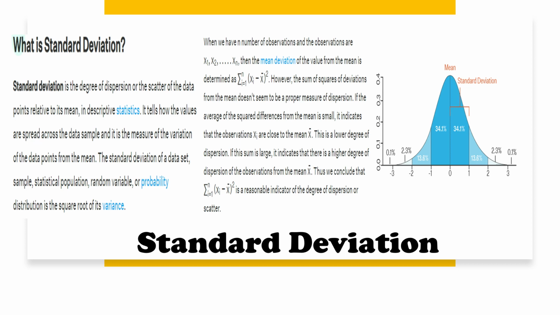However, the sum of squares of deviations from the mean doesn't seem to be a proper measure of dispersion.